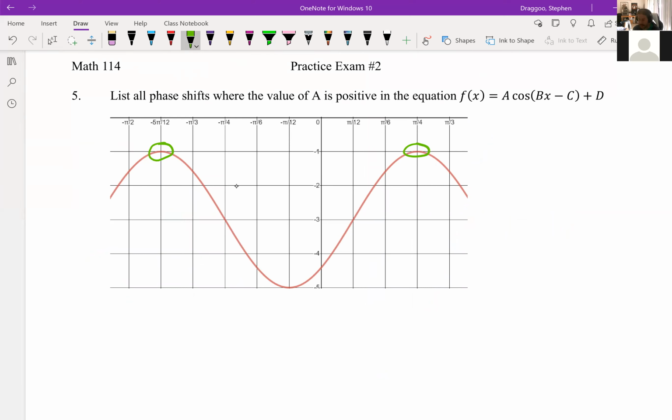So of the options listed, if A is positive, then my only options are negative 5 pi over 12 and pi over 4. For all the reasons that we talked about in problem 1, since it's the same graph from problem 1.